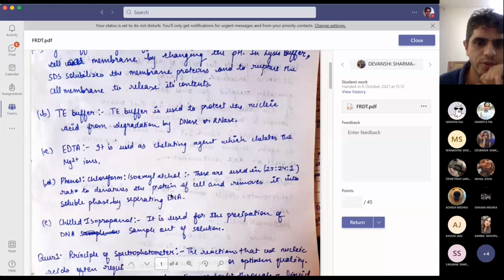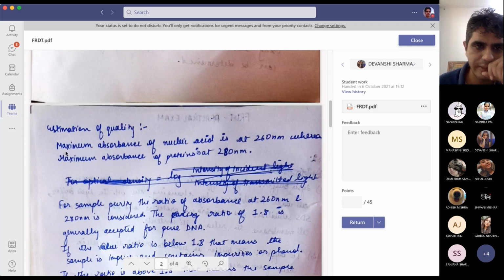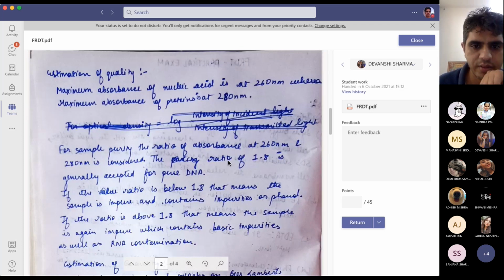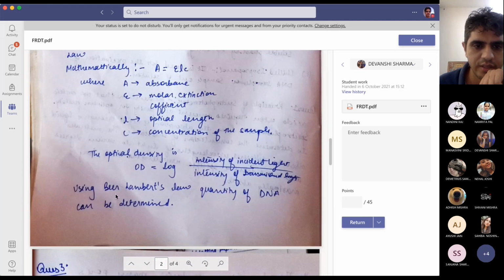So here we are getting 4.5. Principles of spectrophotometer: the reaction of light to the nucleic acid sample, purity, and so on. Plasmid observes different variants, that's fine. The spectrophotometer is based on the Beer-Lambert law, that's fine.